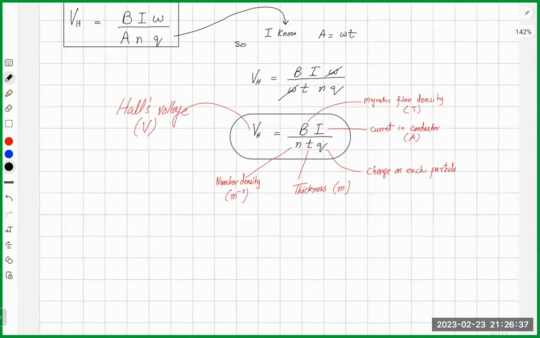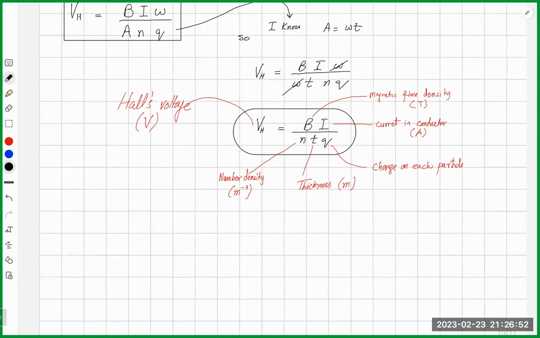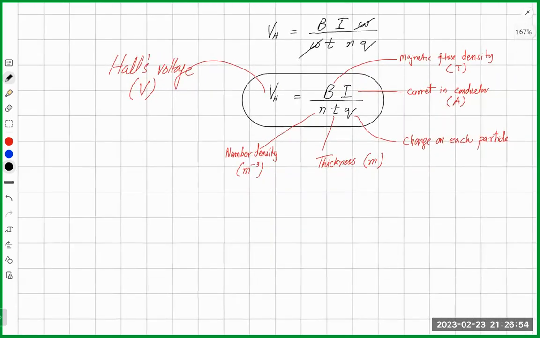For that, we need to know what current is moving through the Hall probe, what material is used, what the number density of that material is, how thick the material is, and what the charge on each particle is. We cannot change the size of the charge. The size of charge is constant.